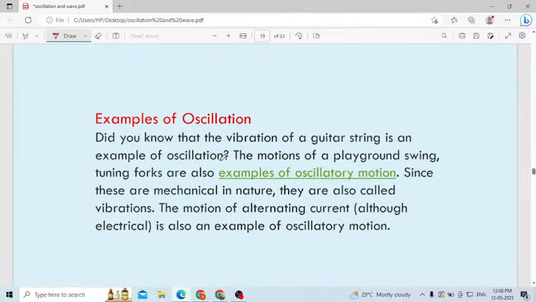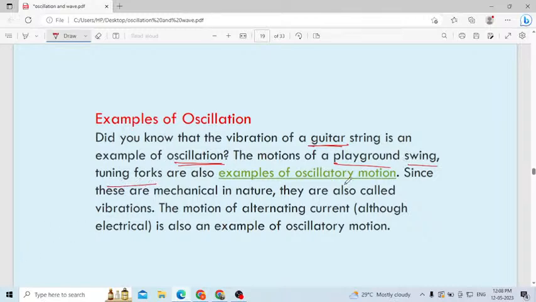Then next one, examples of oscillations. Do you know that the vibration of a guitar string is an example of an oscillation? Yes, guitar, you can observe. In a guitar, strings are there. When they touch the strings, it will make a sound. The motion of a playground swing and a tuning fork are also examples of oscillatory motion.